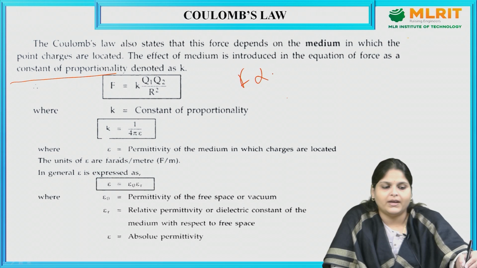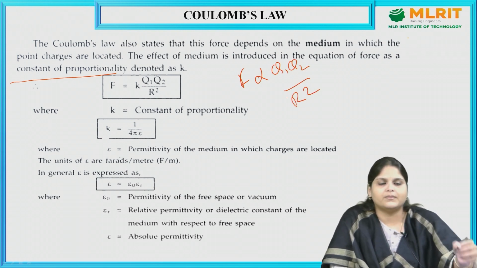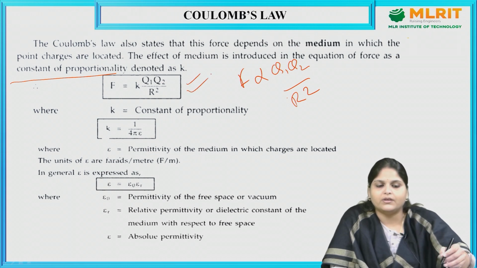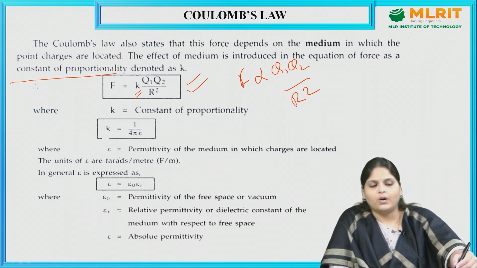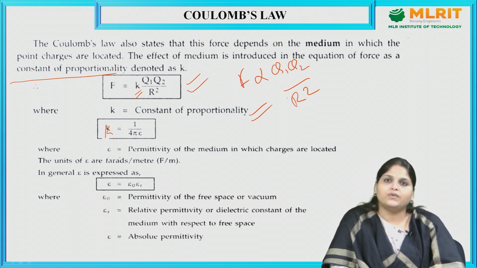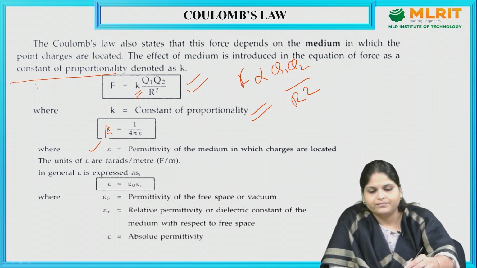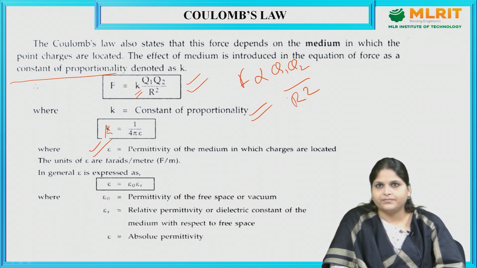So when you remove the proportionality sign, you get a constant K. It becomes F is equal to K Q1 Q2 upon R square, where K is the constant of proportionality and the value of K is equal to 1 upon 4 pi epsilon, where epsilon is the permittivity of the medium in which the charges are located.